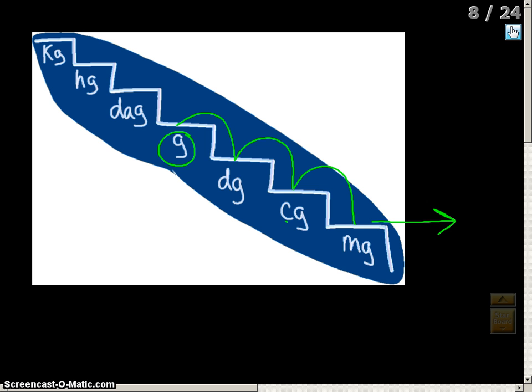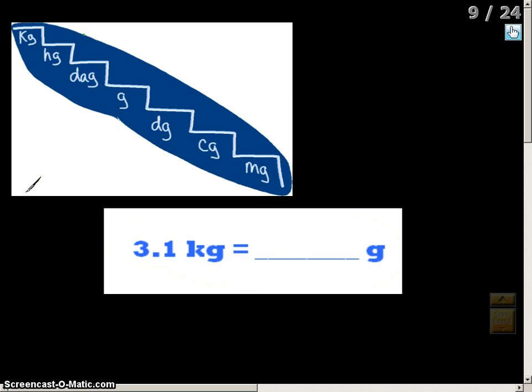As you move up these steps, your decimal will move to the left. As you go down, the numbers increase. As you move up, the numbers will decrease. Just remember that larger to smaller, you multiply, smaller to larger, you divide. We're going to take a look at a couple problems together, and then I'll have you do some all by yourself in just a bit.